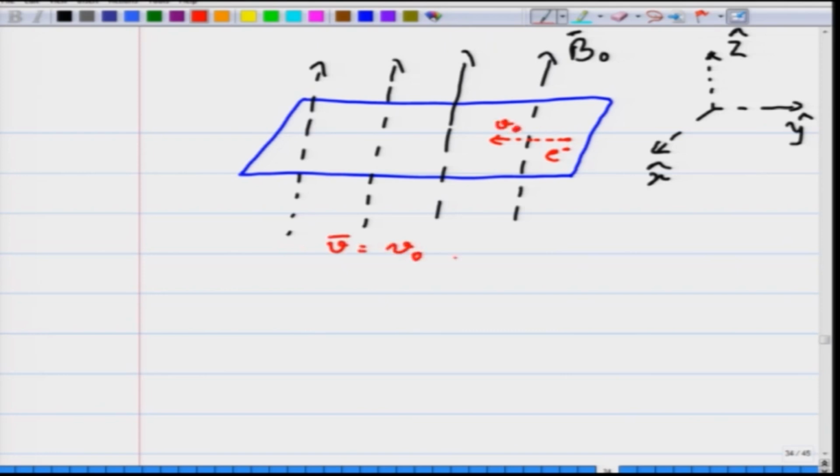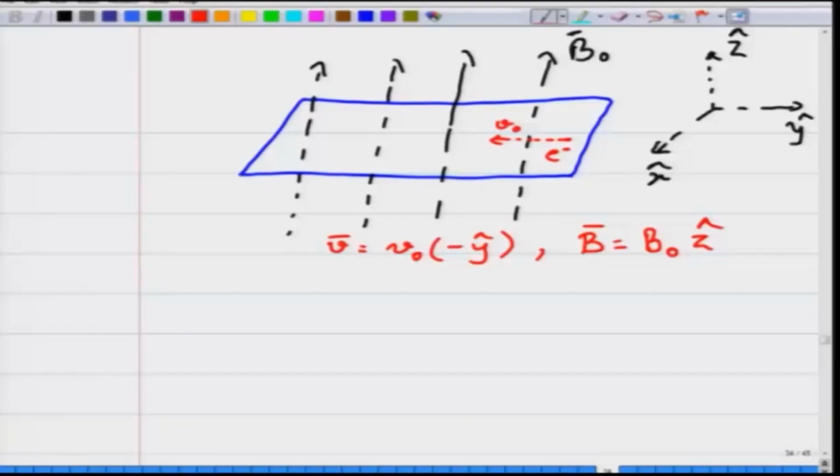They are moving with a velocity V naught in the minus y cap direction, and the magnetic field that you have applied is B naught z cap. It is along the z direction, perpendicular to the plane of the screen. So, the magnetic field is along the z cap direction, electrons are moving in this direction.